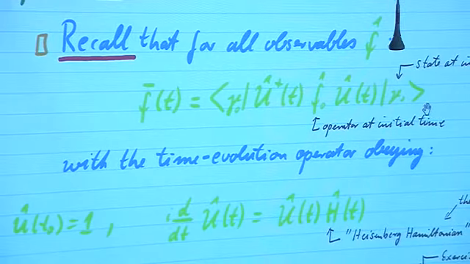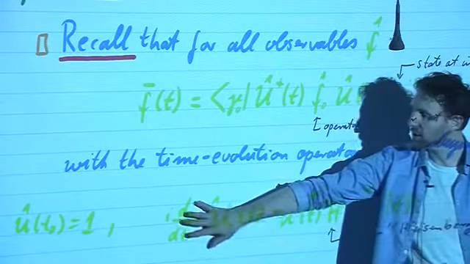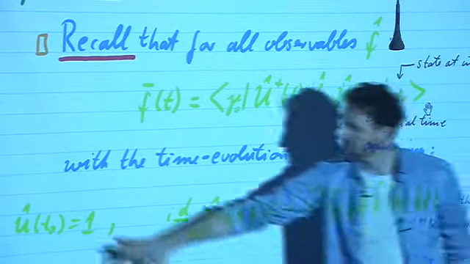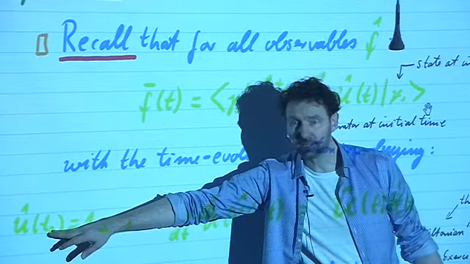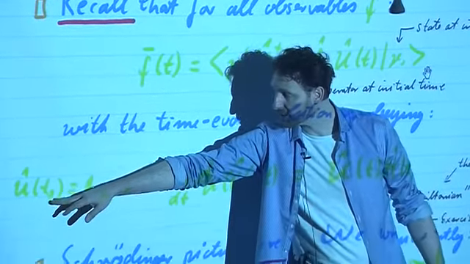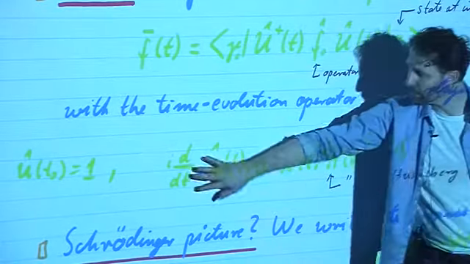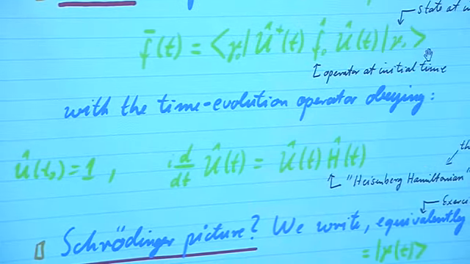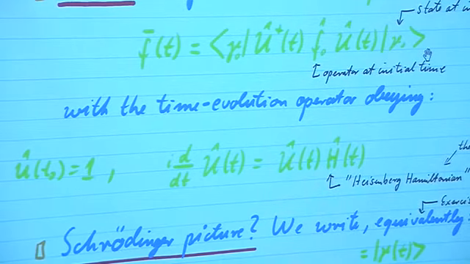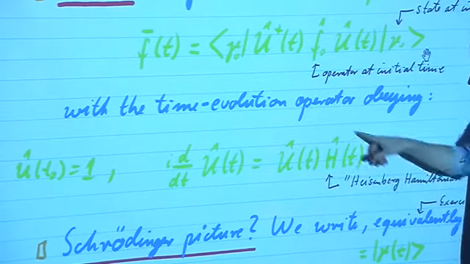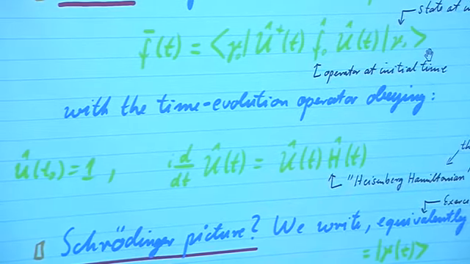And the time evolution operator is obeying this equation here. Initial condition is that it's the identity operator at time t0, where we haven't evolved at all yet. And then the equation of motion is this for the time evolution operator, where this h is the Heisenberg Hamiltonian.